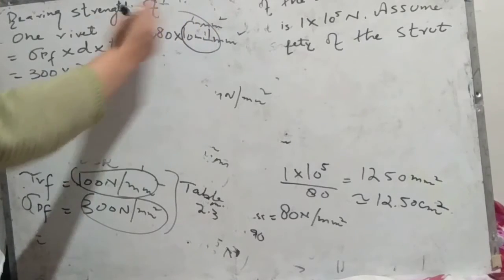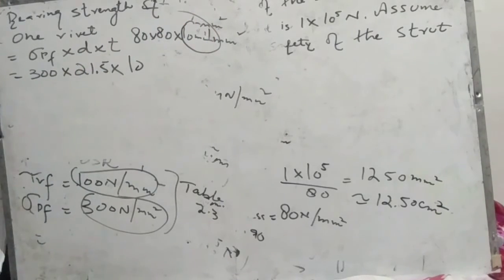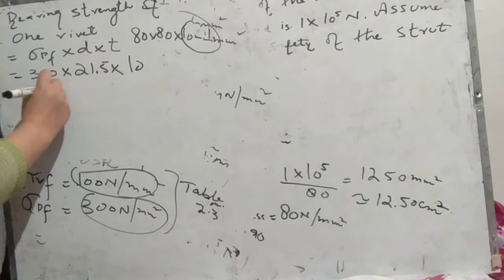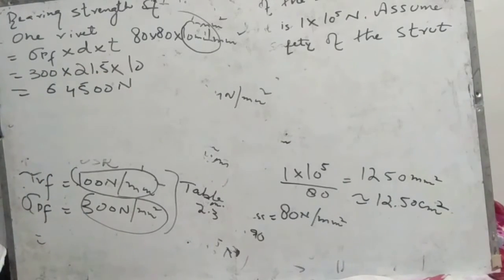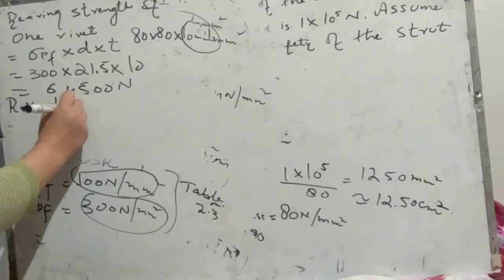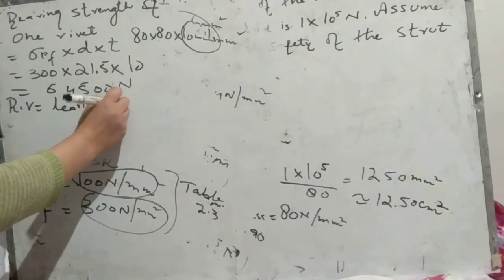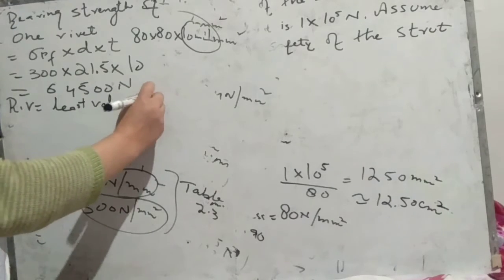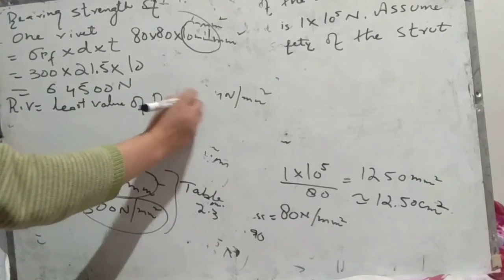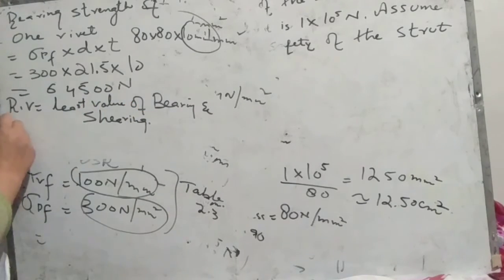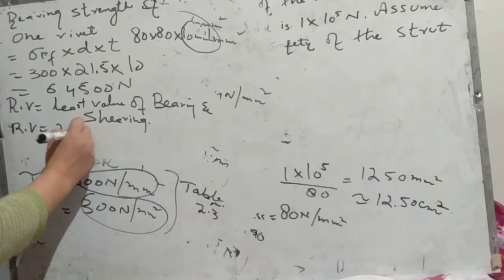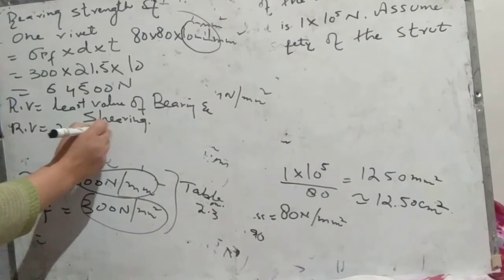This 10 mm is your thickness. So on calculating you will get 64500 Newton. Now you will determine the rivet value. Rivet value is the least value of bearing and shearing. So rivet value here will be 36305 Newton.